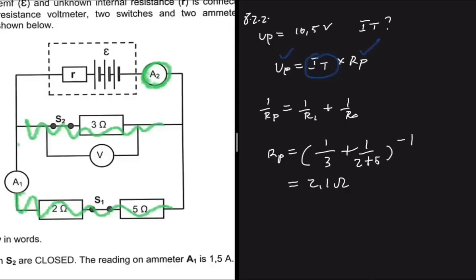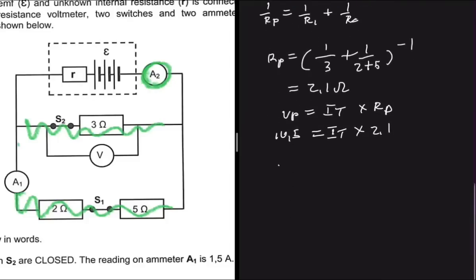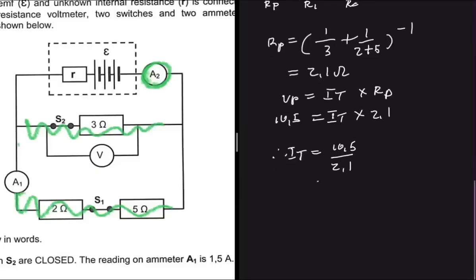We can then say that VP is equals to IT multiplied by RP. So VP is 10.5, and then IT is what we're looking for. But what is RP? RP is 2.1. It's easy to see now that IT will be equals to 10.5 divided by 2.1, which is equals to 5 amperes. Right, so the value of IT is 5 amperes.